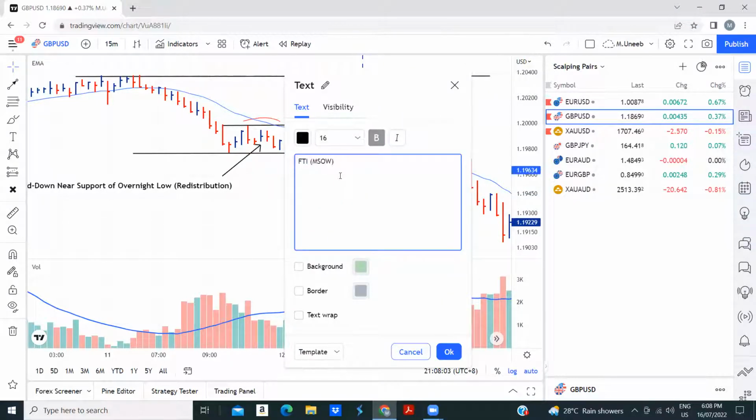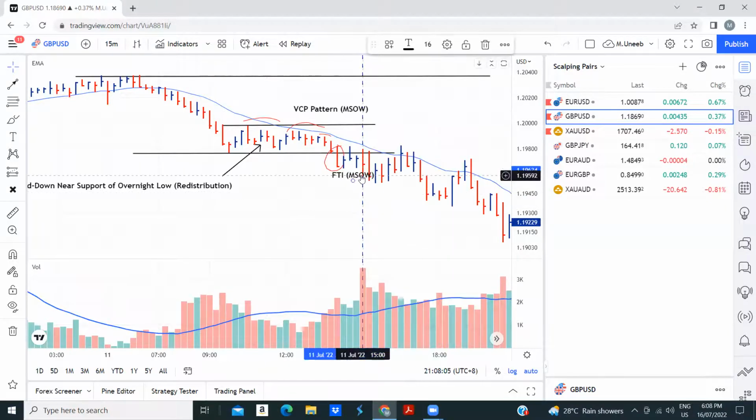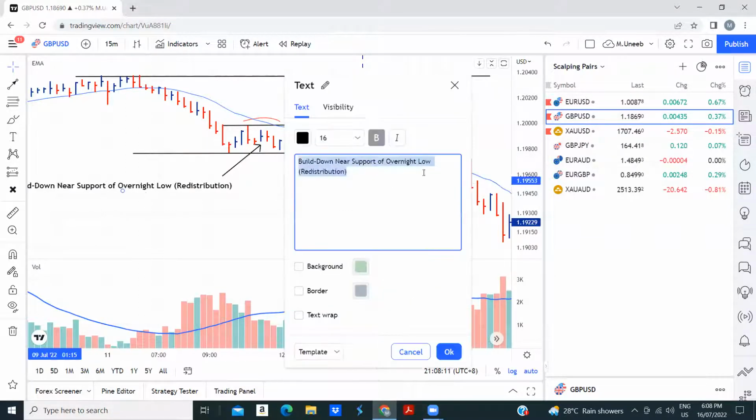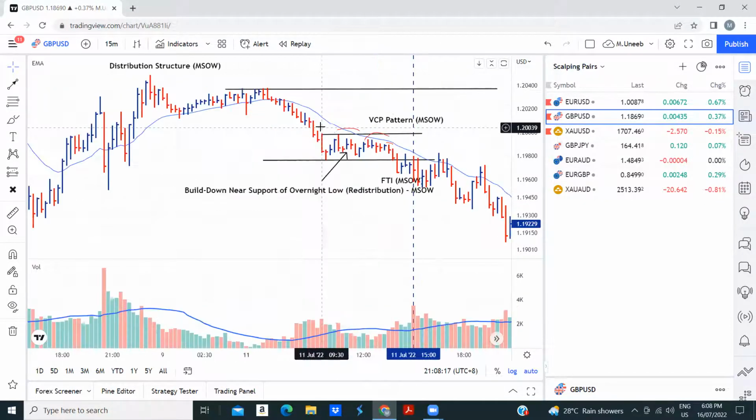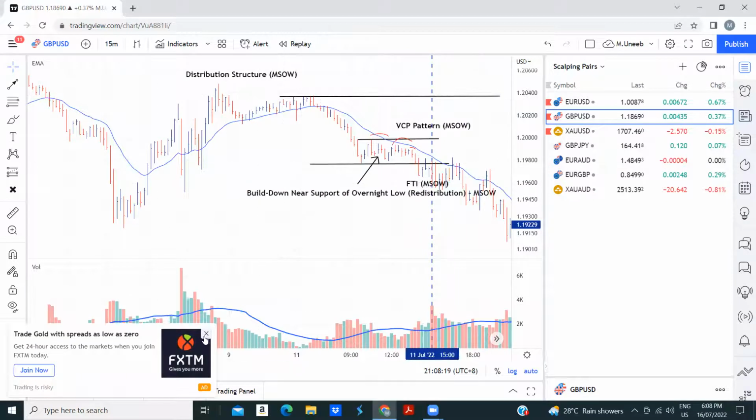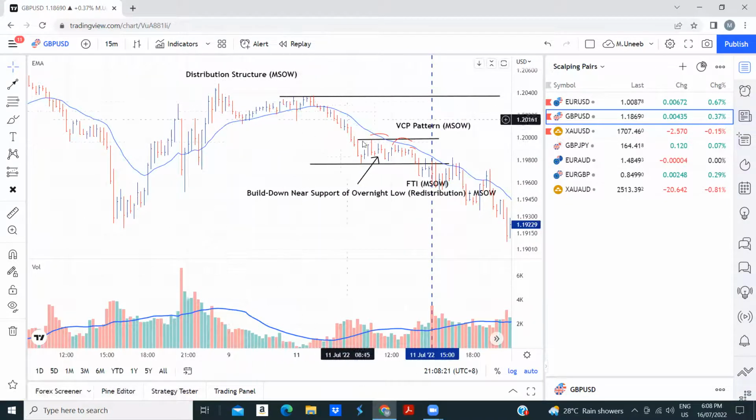MSOW, right? We have so many major signs of weakness in the background. First one, this one, okay, falling through ice here. This one is also MSOW, right? This one also MSOW. This distribution structure is also MSOW because after the distribution structure we have a downtrend. So this is also MSOW.